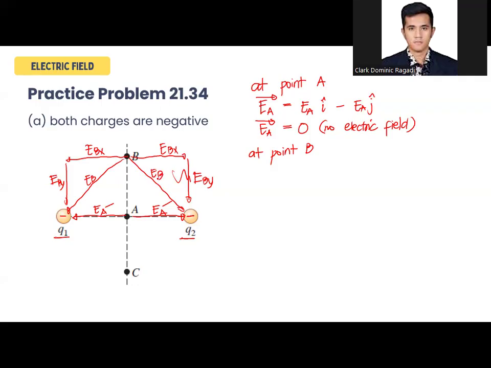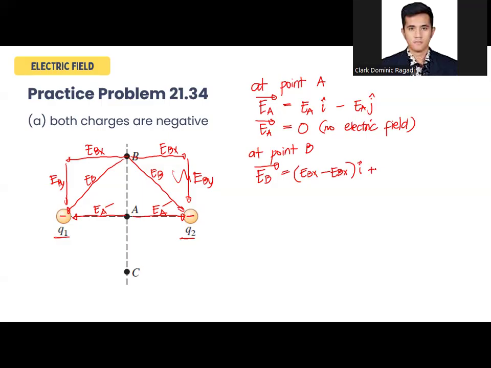Okay? So if you're going to solve for the electric field EB, that's equivalent to the sum of the x components and the y components. Let's do first the x components. Looking at EBX, that's going to the right, so that's positive, so we have EBX. And then our EBX due to Q1 is negative because it is going west, so that is minus EBX. Do not forget the unit vector, that is i hat.